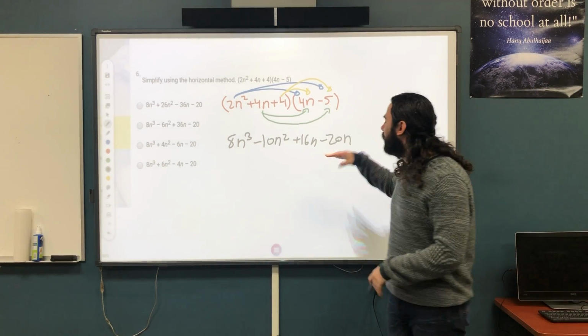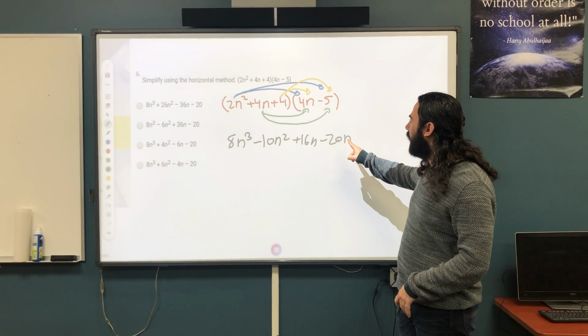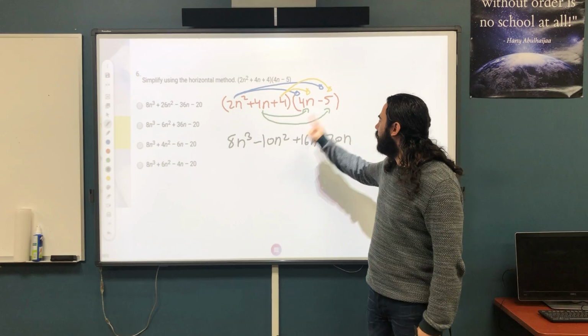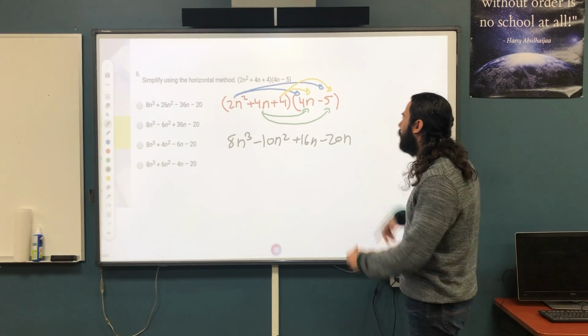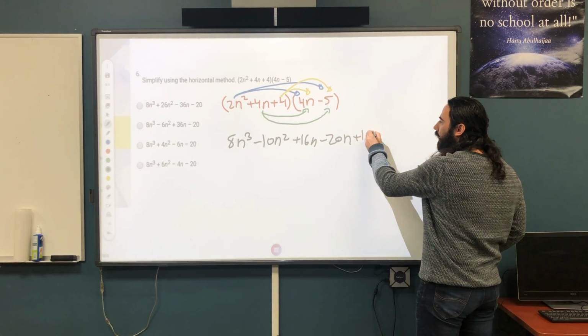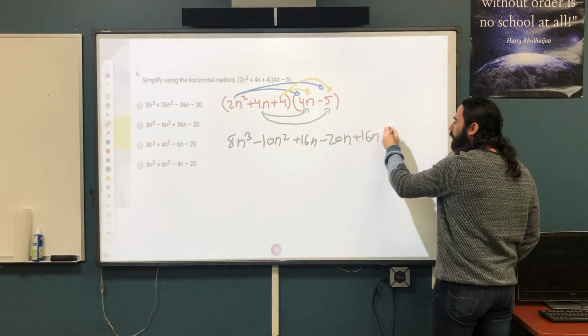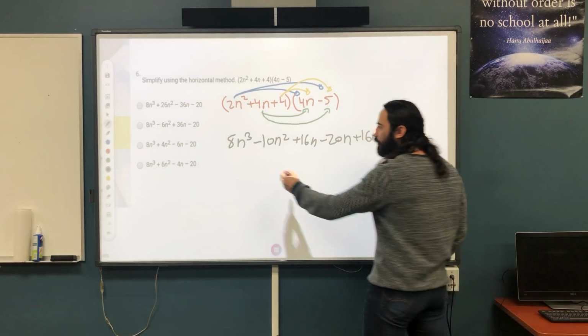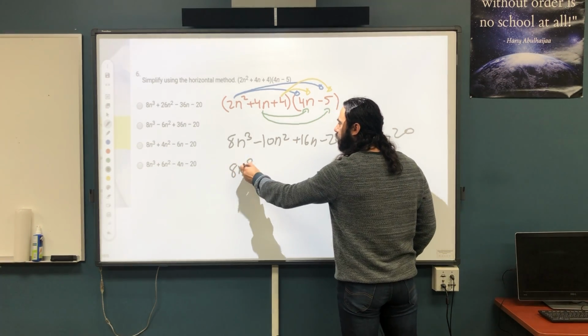So we continue. So we have negative 20n. Now the 4 times the 4n is going to be 16n. And 4 times negative 5 is negative 20. Now all you need to do is combine like terms. So we have 8n cubed.